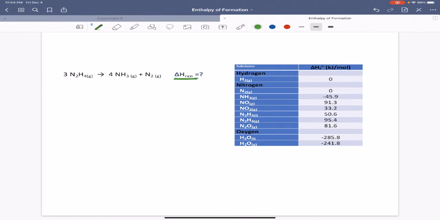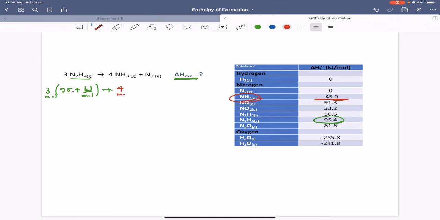So here I have hydrazine as a gas, and I can find the value for that on my table. We have 3 moles of hydrazine, and the enthalpy of formation of this was 95.4 kilojoules per mole. They react, bonds are broken, new bonds are formed, and we make ammonia, which is a gas.